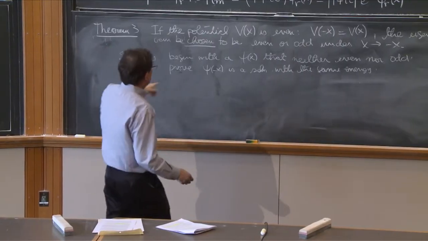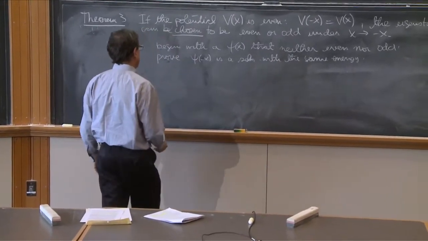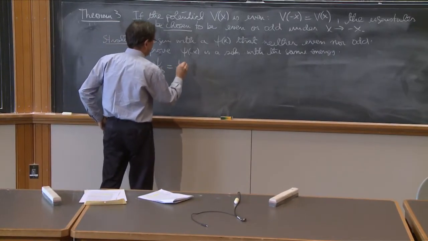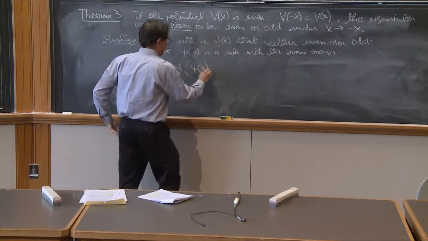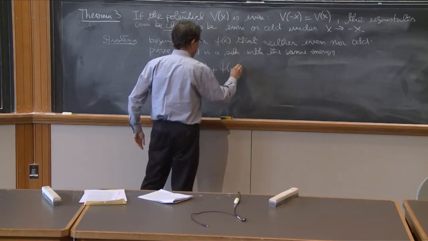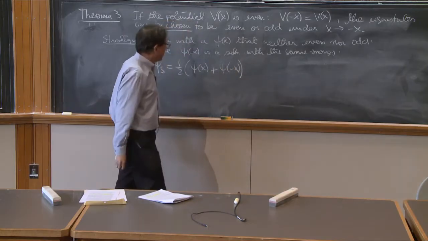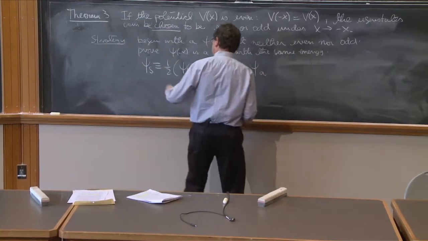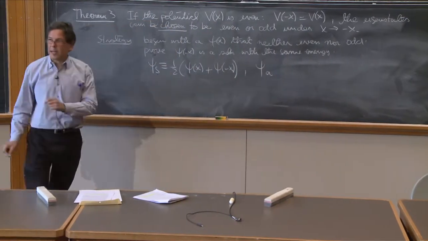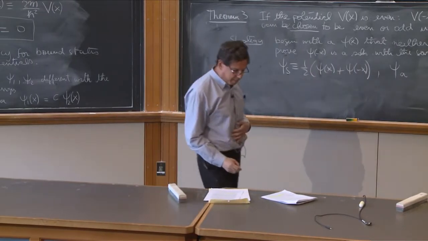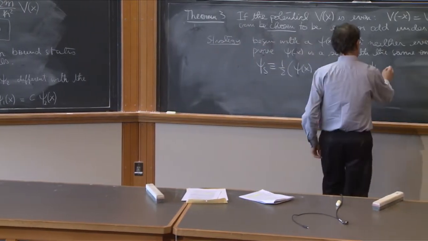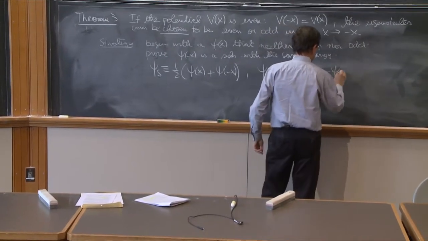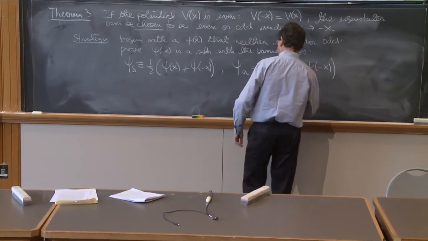If we have these two solutions with the same energy, then you can build a psi s, which is 1/2 of psi of x plus psi of minus x, and a psi a, S for symmetric and A for anti-symmetric, that is 1/2 of psi of x minus psi of minus x.